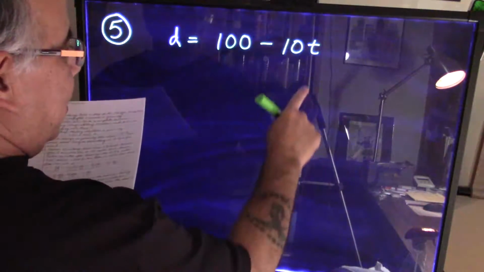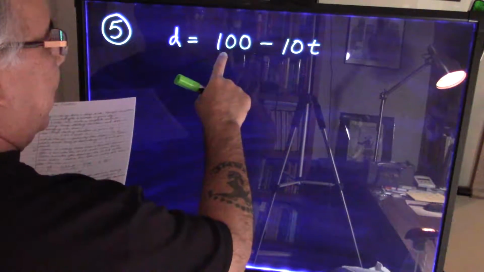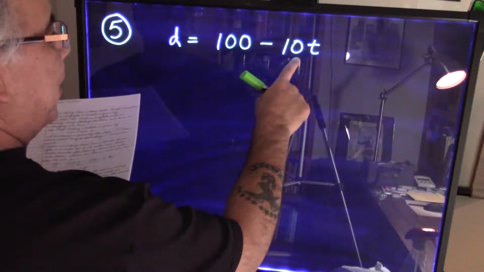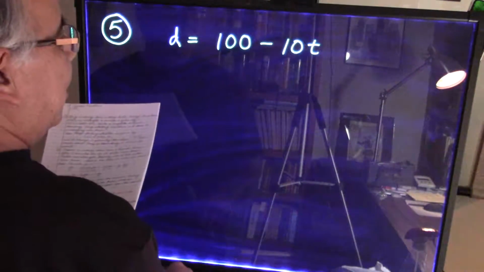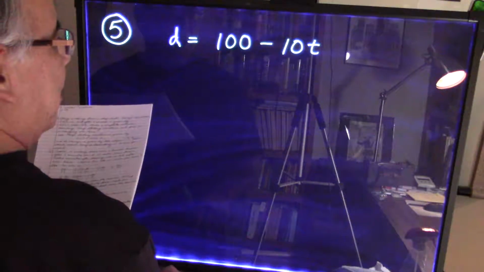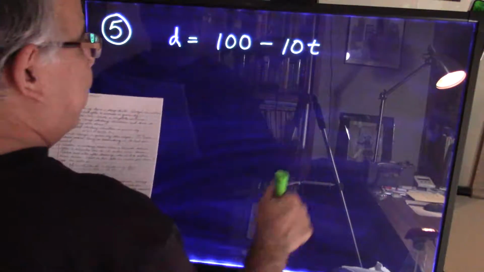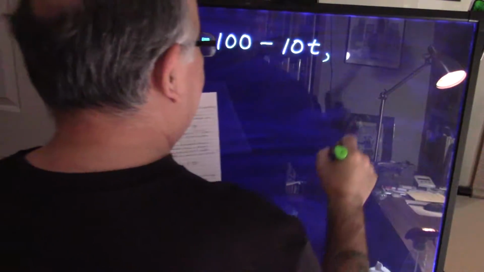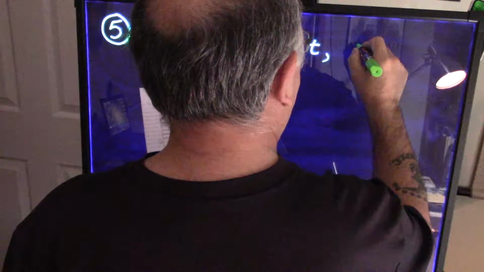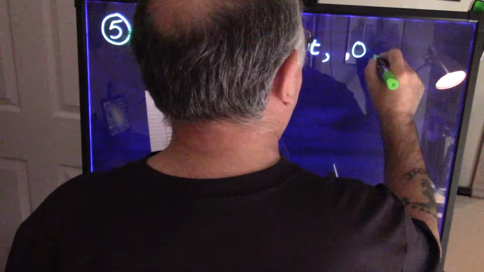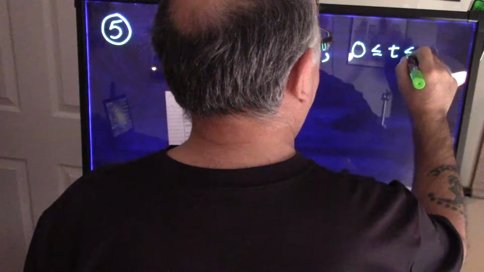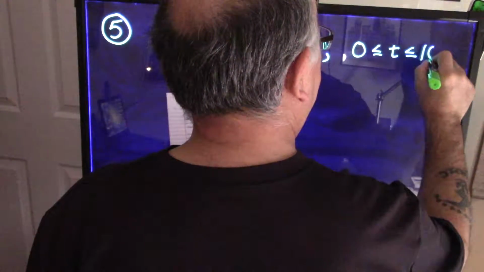Okay, so when t equals 0, d equals 100. When t equals 10, this is going to be 100 minus 10 times 10, which is 100 minus 100, or 0, which is what we expect. And we can also put a domain restriction on this. The book doesn't really bring this out in the answer, but you can do this. t has to be between 0 and 10 hours, right?